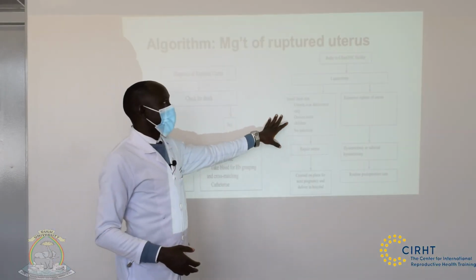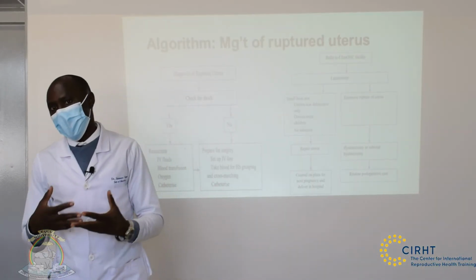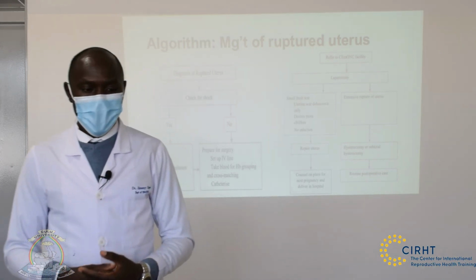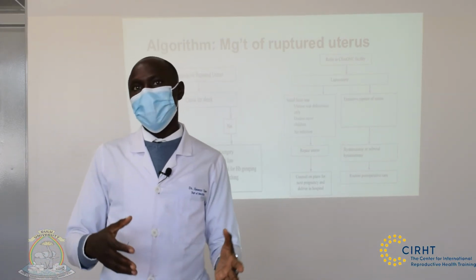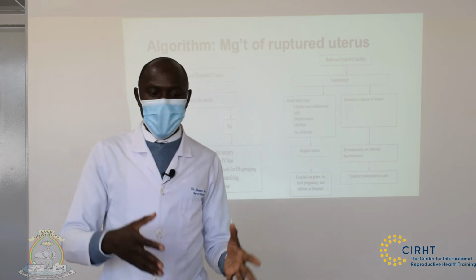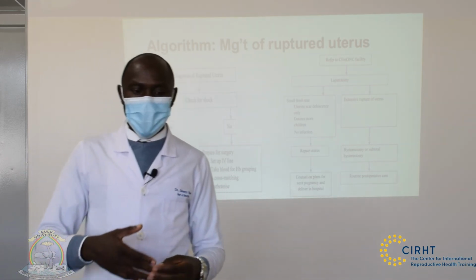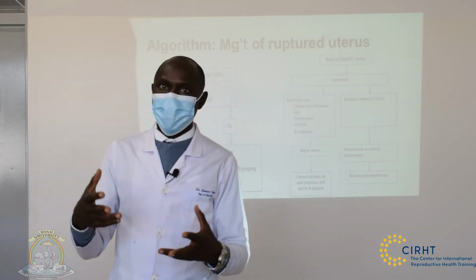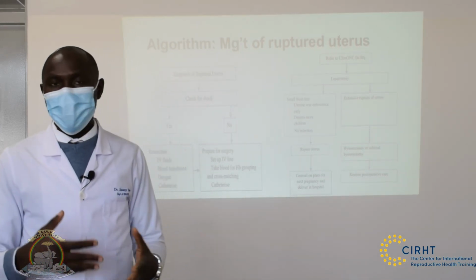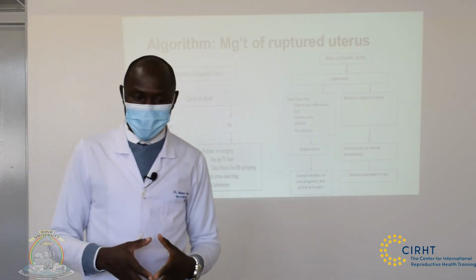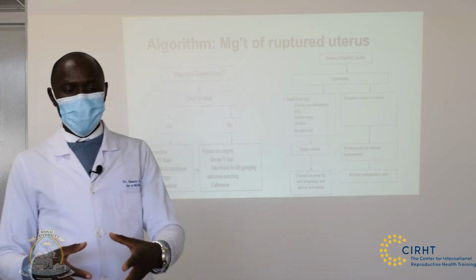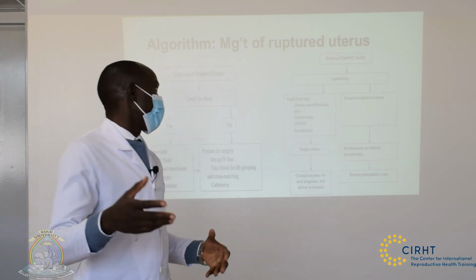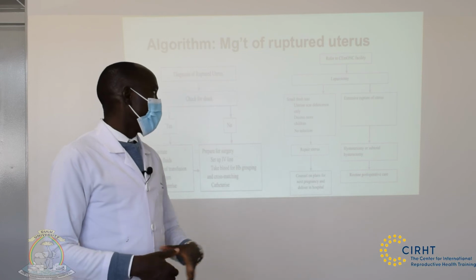Then make sure that some ruptures of the uterus can be repaired, others cannot be repaired. Those that can be repaired could be having a uterine scar dehiscence, or the desire for these mothers to have more children is there. So you try to salvage the uterus so that you can repair it, so that the mother can still carry pregnancies. However, if you cannot repair because of excessive rupture of the uterus, what do you do?